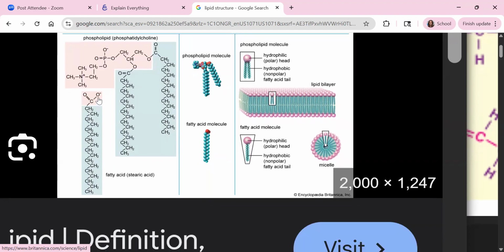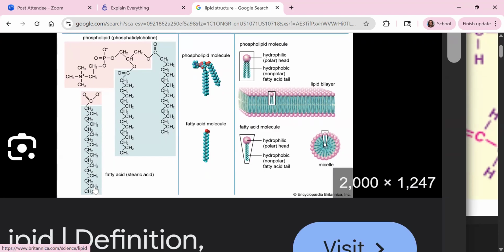And then this right here is a fatty acid. See how it has this really long carbon tail right here? That's going to make this molecule pretty hydrophobic, even though we have this carboxylate group here.